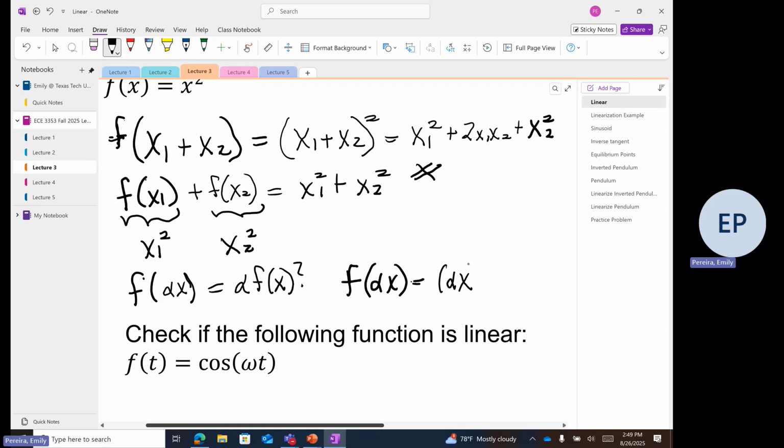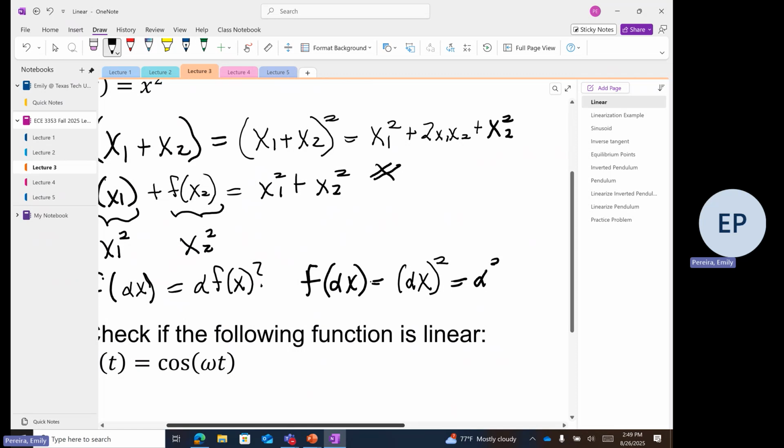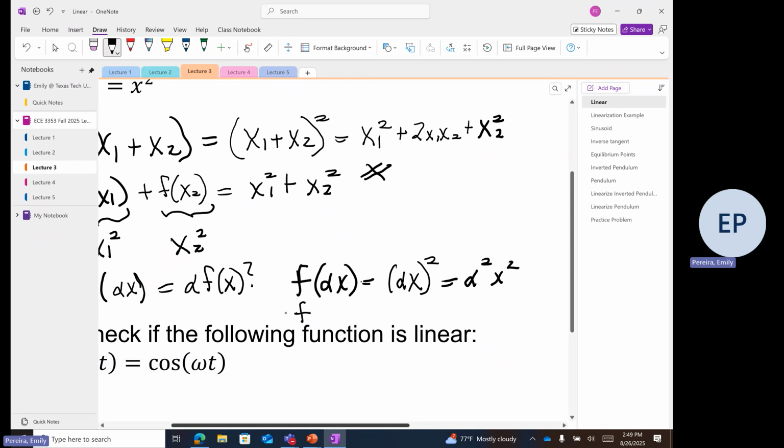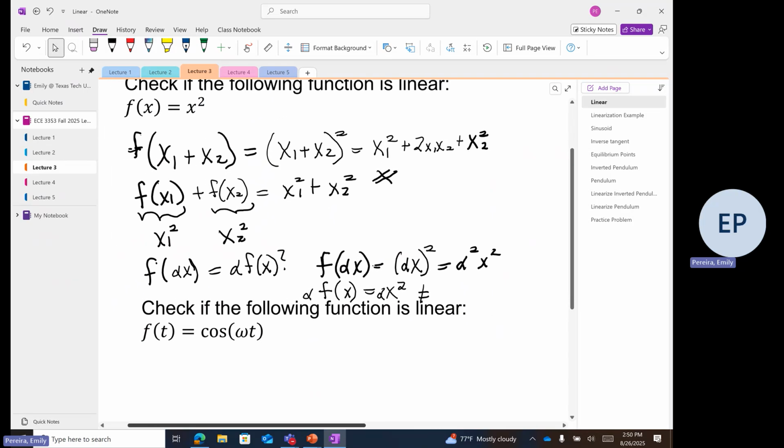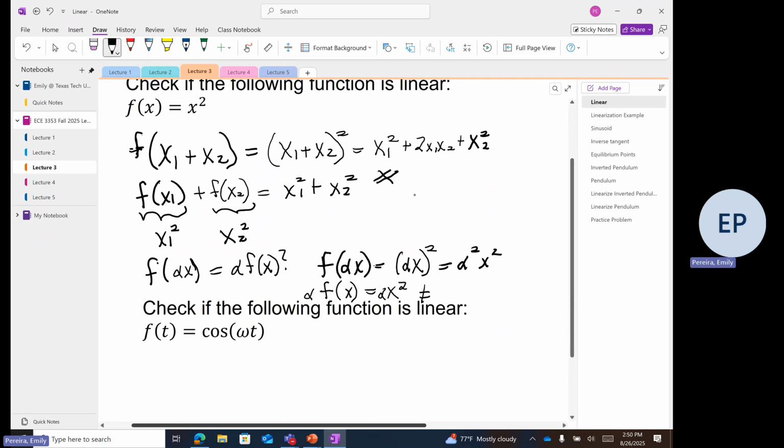So our input is alpha times x. If we apply the function, we're squaring the input. So this is equal to alpha squared times x squared. Now, if we scale the output after applying the function, so our input is x, we apply the function, and then we scale it, this is clearly not equal to first scaling the input and then applying the function. Okay, so again, neither additivity or homogeneity is satisfied, so this is a nonlinear system.